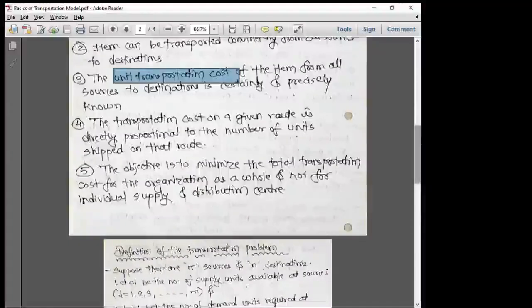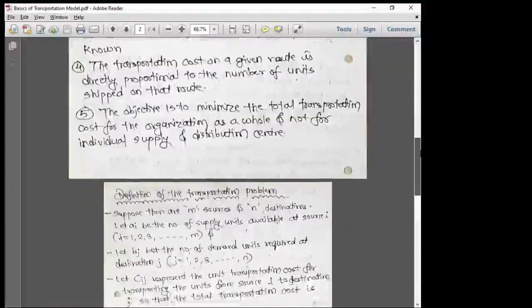That is the case with the transportation model. Now the next assumption is that the transportation cost on a given route is directly proportional to the number of units shipped on that route. This assumption is very important, and it makes this entire numerical a linear programming model, right?